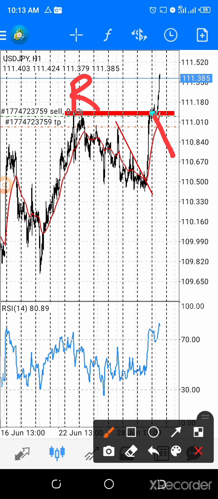This zone is where we are looking at now. This zone fails to be a resistance anymore. It is no longer a resistance. As you can see, it has been broken, and now a broken resistance has become a support.